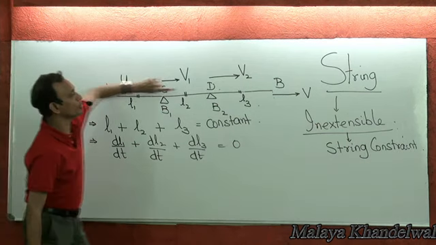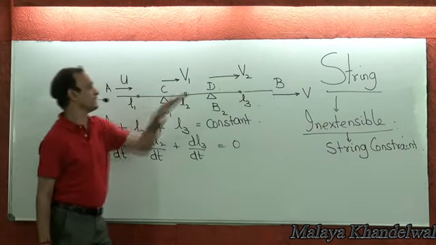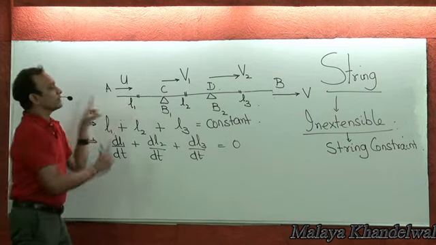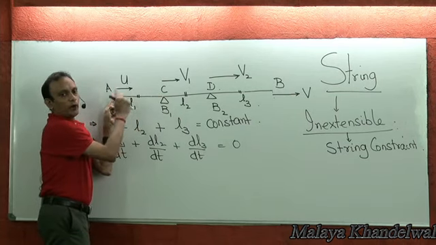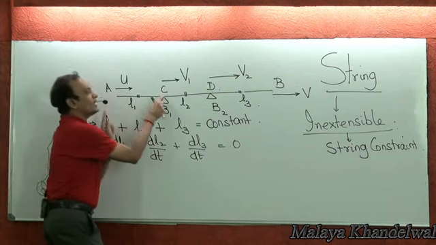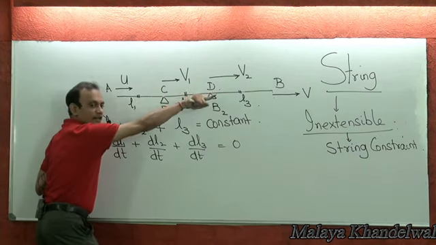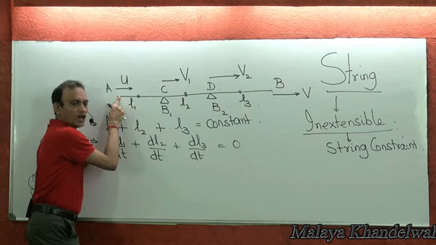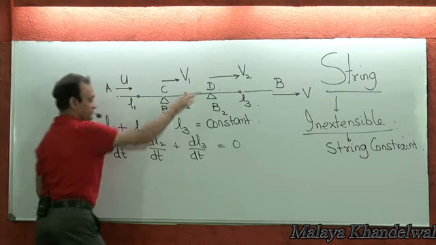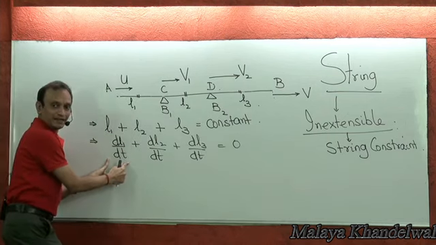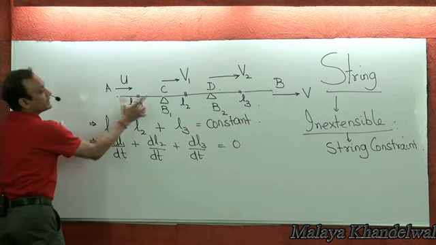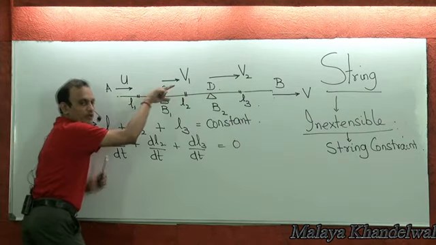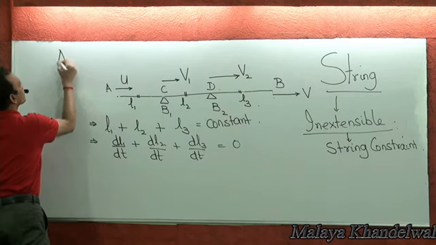So then, if I am traveling the string from A to B, I go from A to C. In this segment, this is the final point, this is the initial point. So I'll take velocity of the final point in the direction of traversal minus velocity of the initial point in the direction of traversal, which will give me dl1 dt.